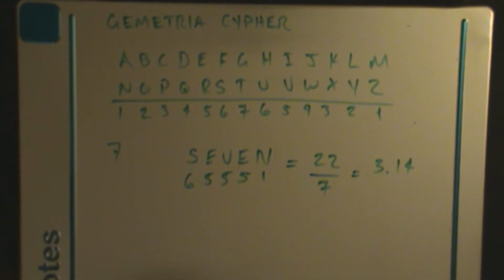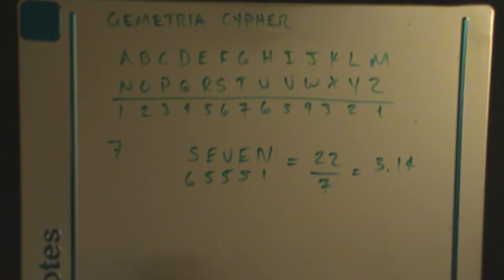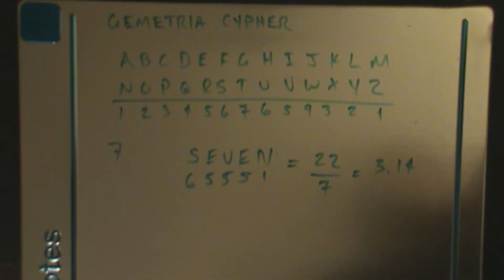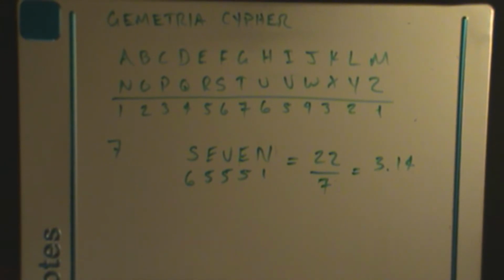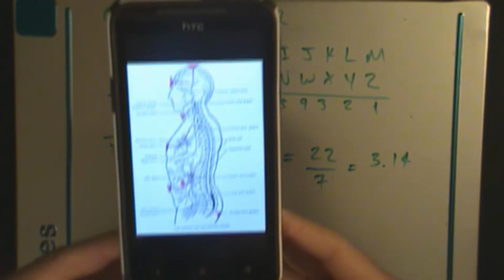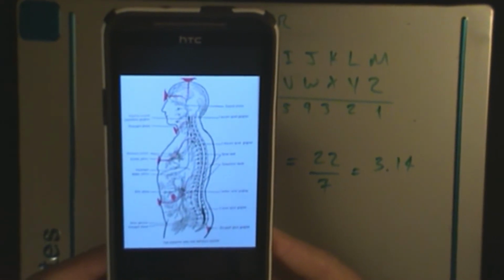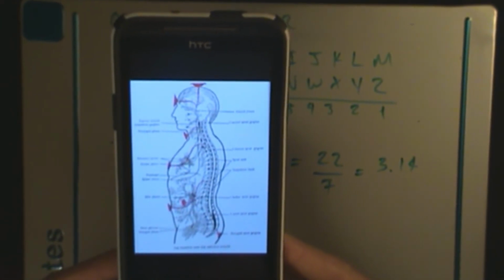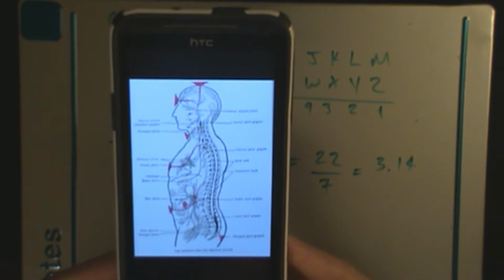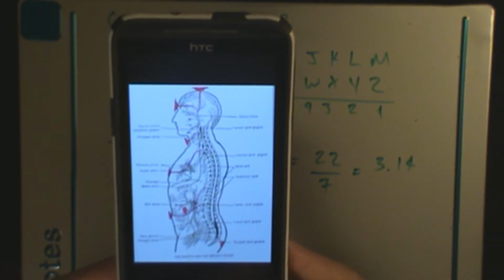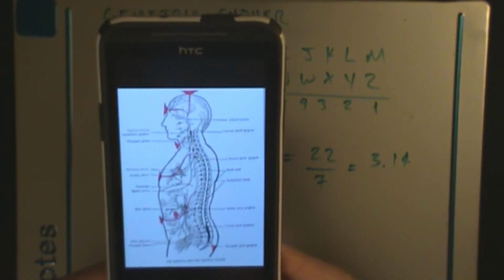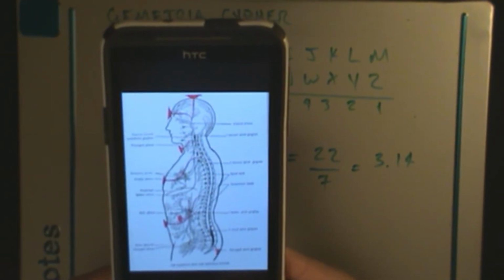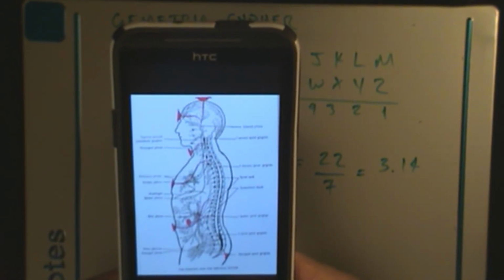And so, real quick, I'll go on a side note here and show you a basic picture of the 7 chakras. These are nerve ganglia that are in the human body, and notice that there are 7 of them. Each one of these nerve ganglia is in the same place as where our spiritual centers or energy centers called chakras would be.